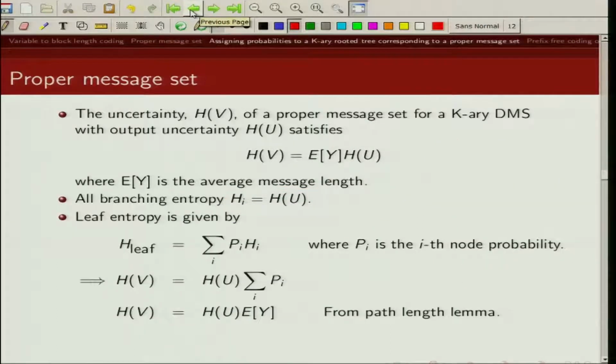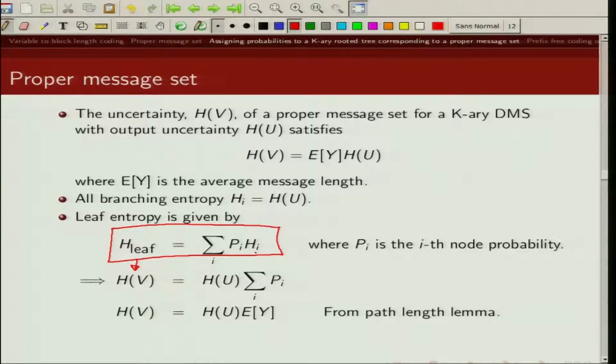Okay. Now we know how the branching entropy is related to the leaf entropy. This lemma we have proved earlier, that leaf entropy is given by the summation of Pi Hi, where Pi is the probability of the ith node. Now we know that leaves correspond to V, so leaf entropy is H(V).